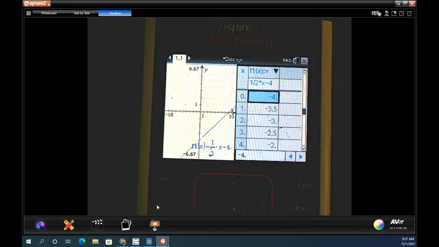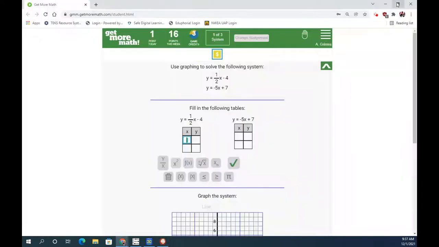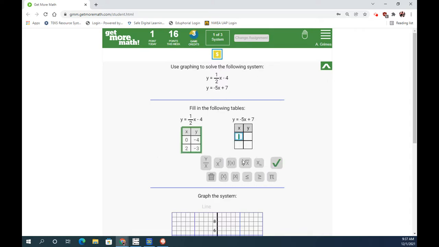So, we go to our table. 0, right arrow, negative 4. That's our y-intercept. And we really didn't need the calculator for that, but some of y'all do. And the next point is 2, right arrow, negative 3. Check it off. That table's good.